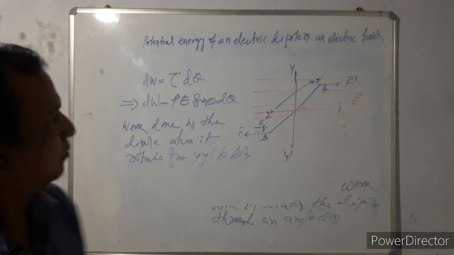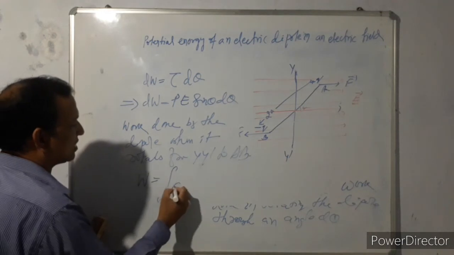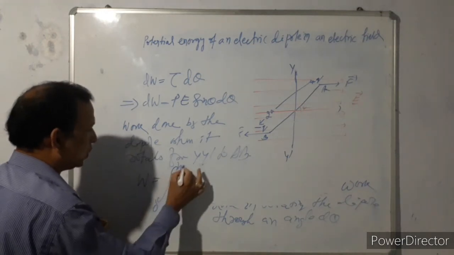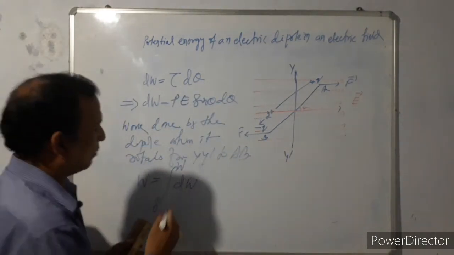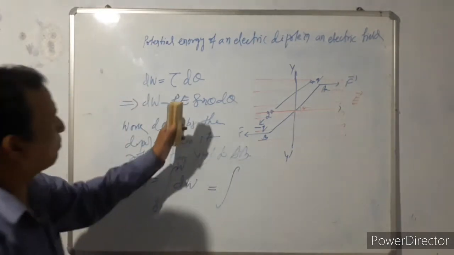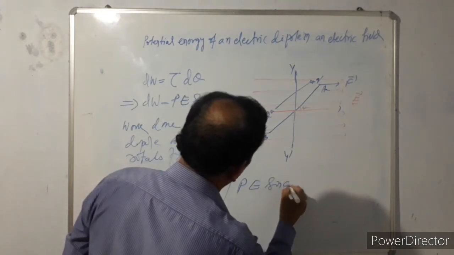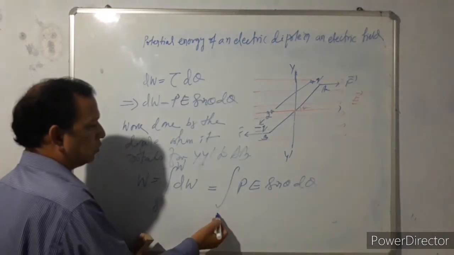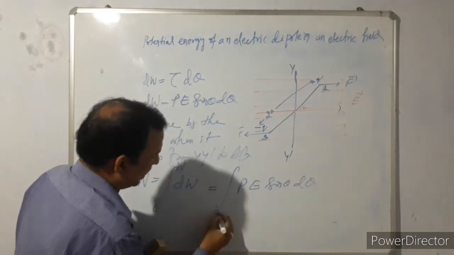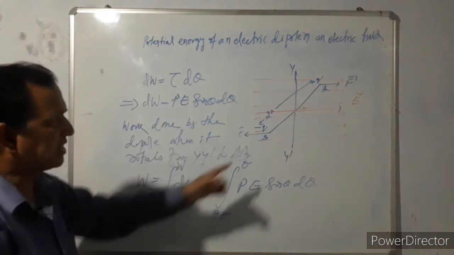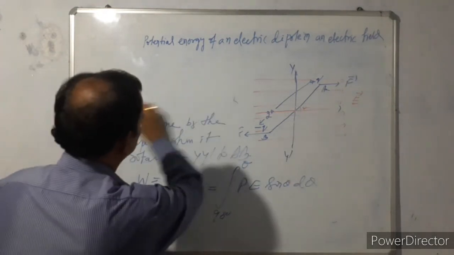At AB, we suppose the work done is W. So W is equal to the integration of dW from 0 to W. So dW is equal to P E sin theta d theta. For the limit, starting is y dash, the angle is 90 degree, to theta. Theta is this, theta any angle, theta. So 90 to theta.